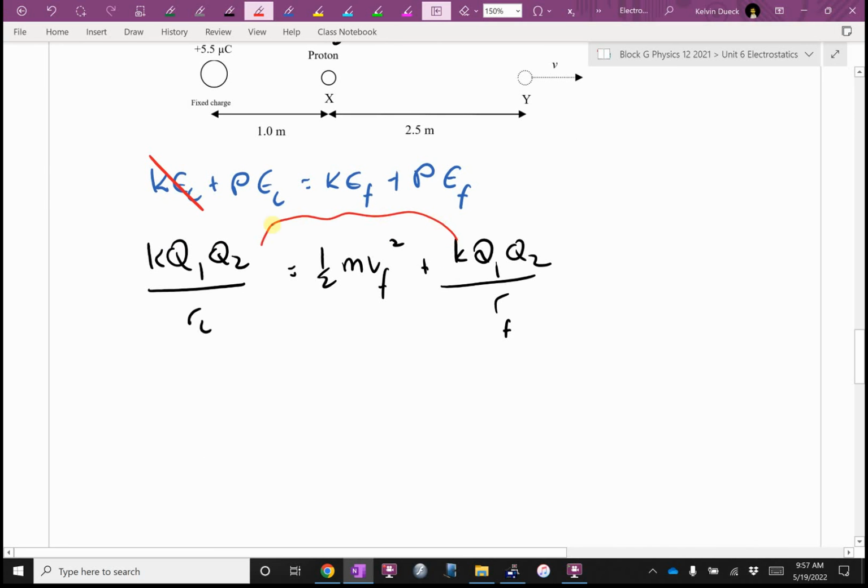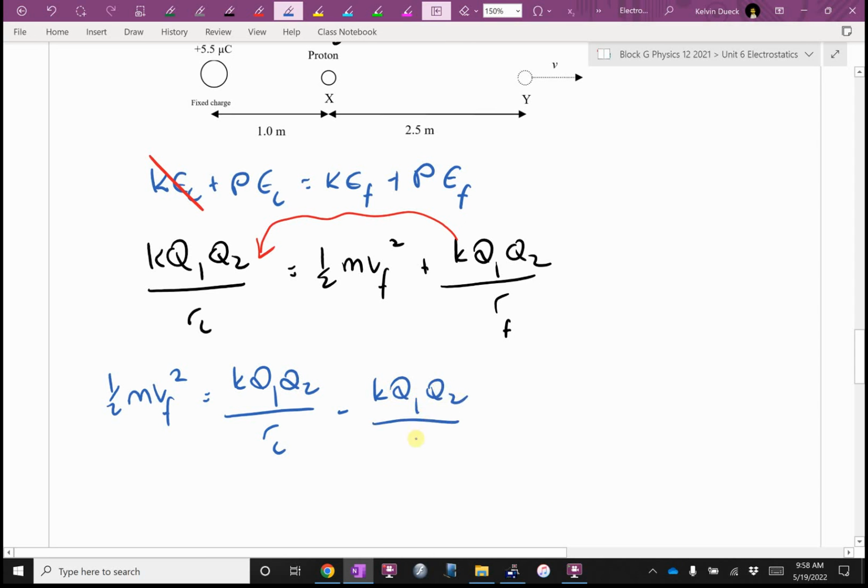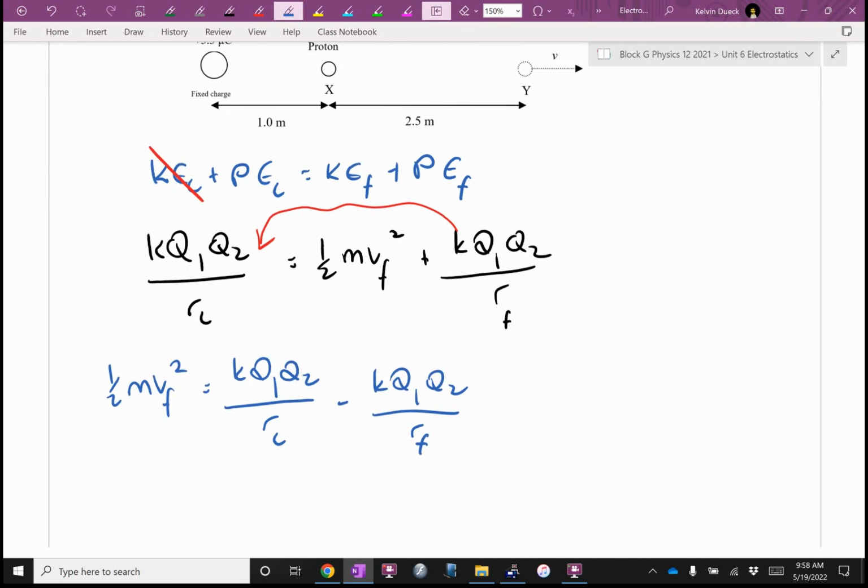I am going to minus this over to this side, and so I'll get a half M V final squared equals K Q1 Q2 over R initial minus K Q1 Q2 over R final. This is a bit weird because I'm used to final minus initial for change in. I guess this is a negative change in. I'm not going to worry about it. It's definitely initial minus final.